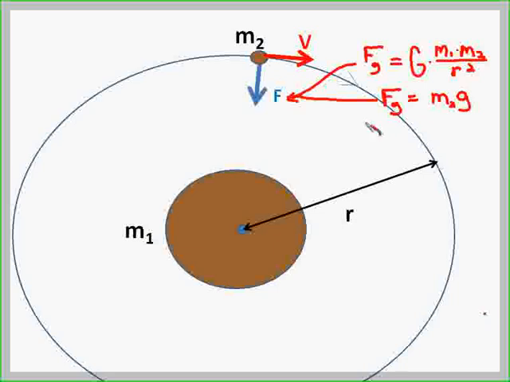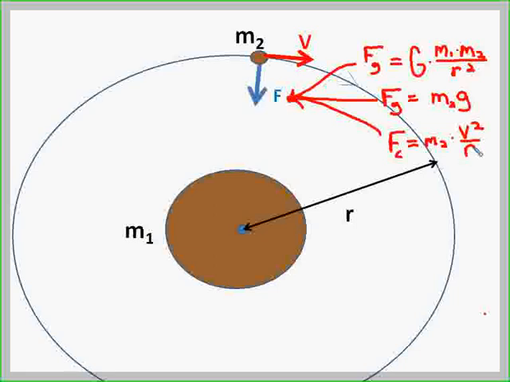That same force is also the centripetal force. So we could say that that force is equal to F sub c, which is equal to m2, the mass that's actually out there going in the circular path, times v squared over r.